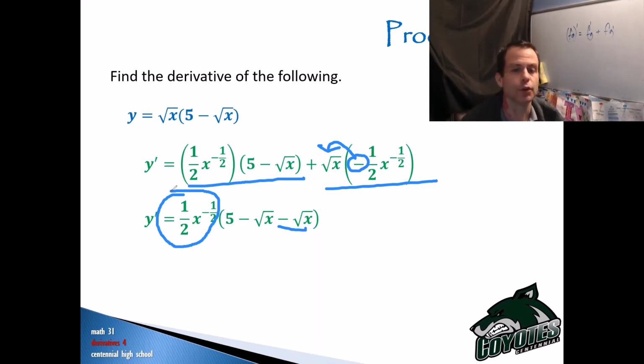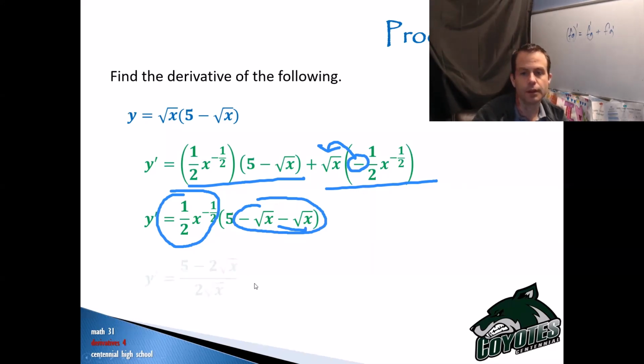So the 2 is going to be on the bottom of a fraction from the 1/2, and then this is going to be root x on the bottom of a fraction, and then this here is going to be 5 minus 2 root x. So my final answer here would be 5 minus 2 root x all over 2 root x, and that would be as simple as we can make it.